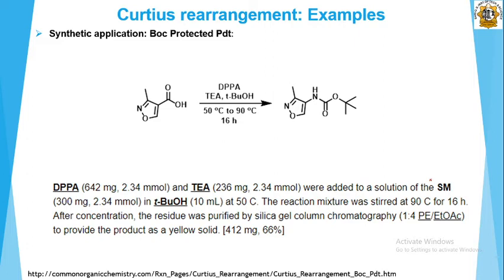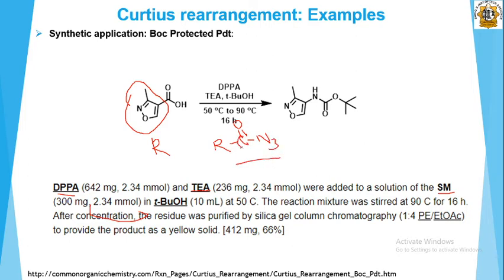So as I told, the R group can be aliphatic, aromatic, or heterocycle. The typical procedure is that we add DPPA, a base, and your starting material, so that it will form the azide, R-CO-N3 intermediate.